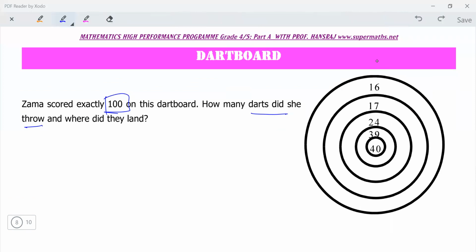Let's suppose she hits the bull's eye with 2 darts. That makes 40 plus 40, it's 80. Now, is there a 20 there? No. Is there a 17? 40, 40, and 17, that gives us so far 97. Is there a 3? No, that doesn't work.